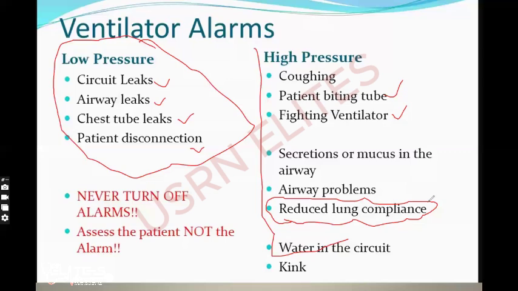With these conditions, especially ARDS, you need a form of high pressure. What I mean by pressure is PEEP. You need more PEEP to be able to ventilate your lungs very well. So these two can give you a high pressure alarm.